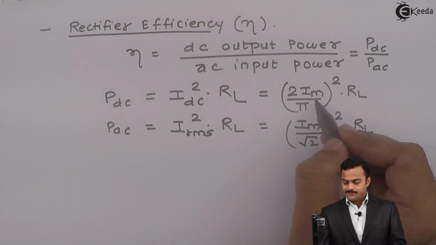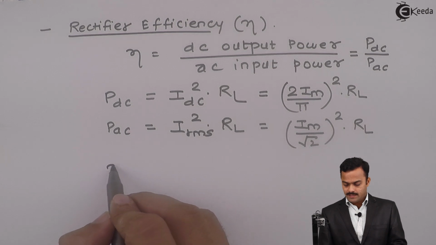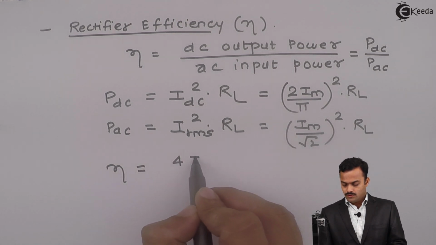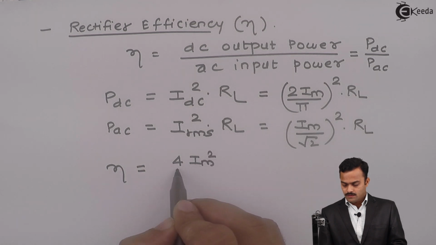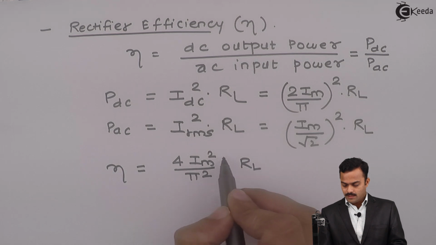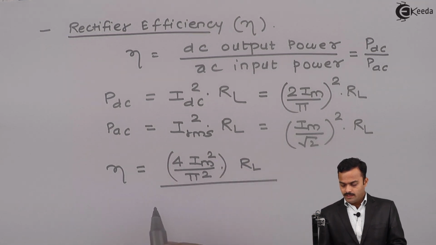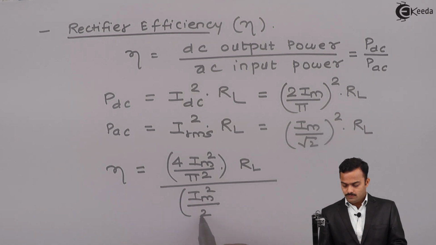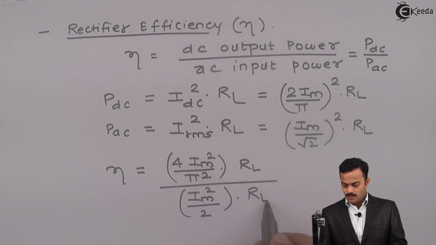So, if I substitute these values, I will get rectifier efficiency as 4 Im square upon pi square multiplied by RL divided by Im square by 2 multiplied by RL.